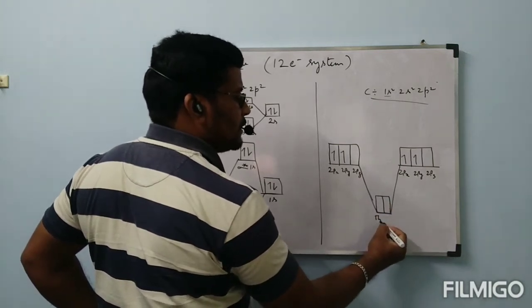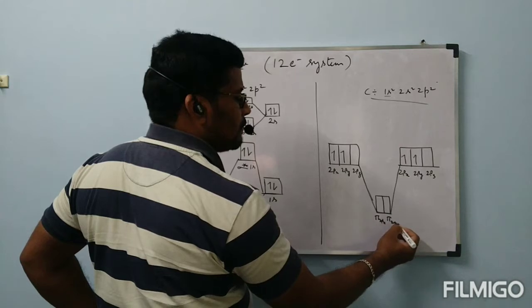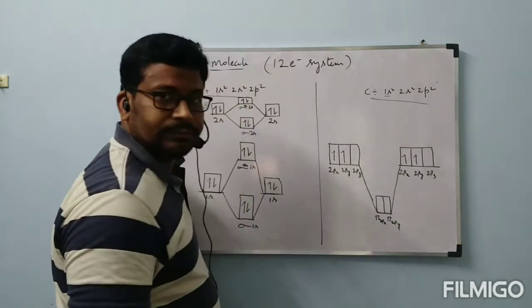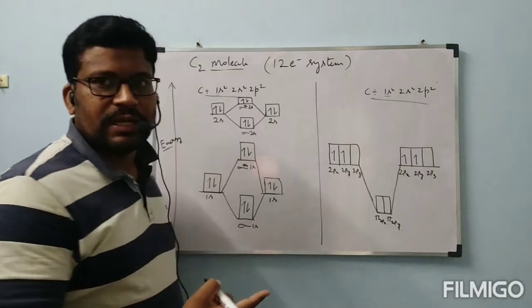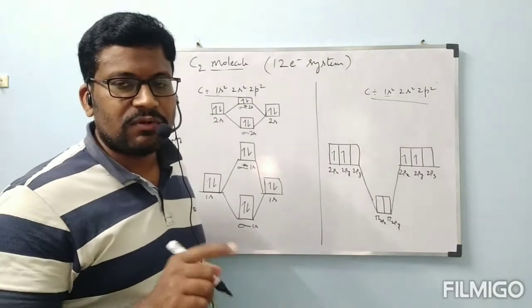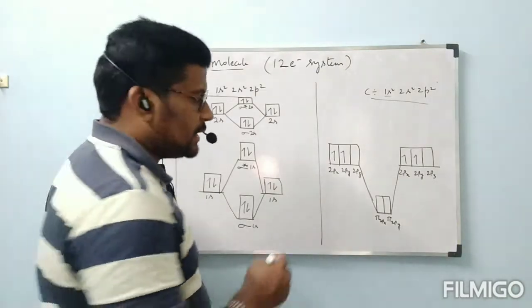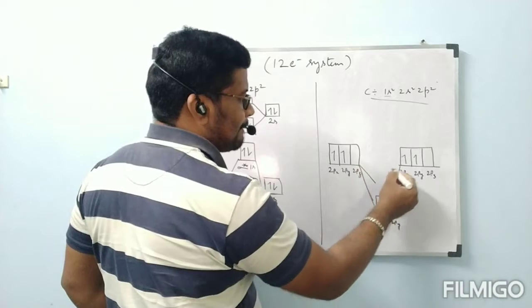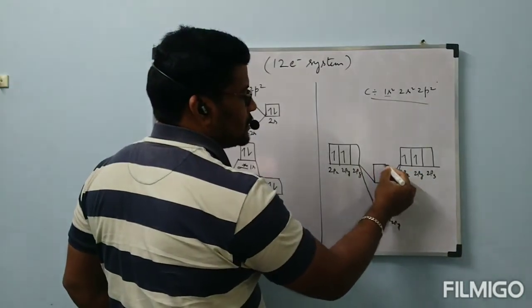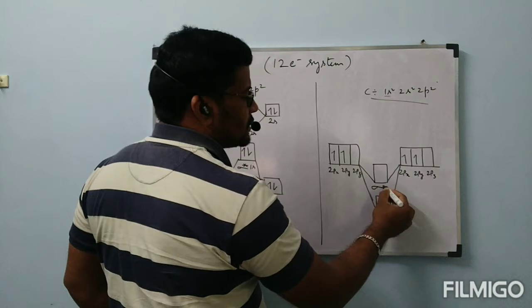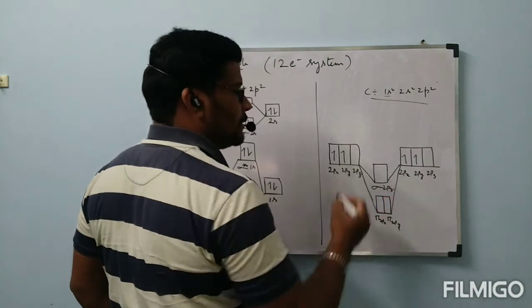Those are pi 2px and pi 2py. We are following the electronic configuration for a less than 14 electron system now. Next, this is one orbital, sigma 2pz.